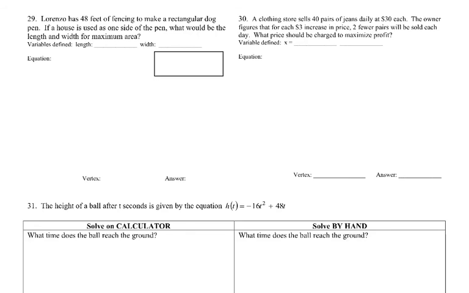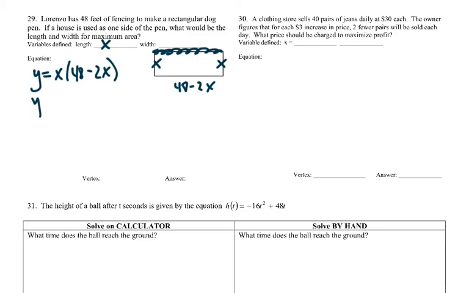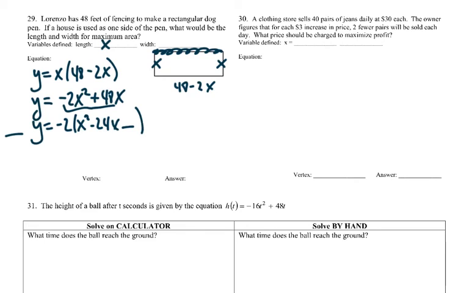Last thing is another problem here, but now it says a house is being used as one side of the pen. It doesn't matter which side you cross off, but basically now you're not going to divide that by 2. And I purposely chose the same numbers so you could see the difference between those two problems. Again, I'm going to factor out the negative 2, changing it to x squared minus 24x, leaving the blank.